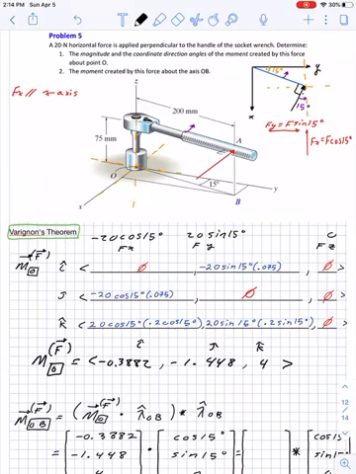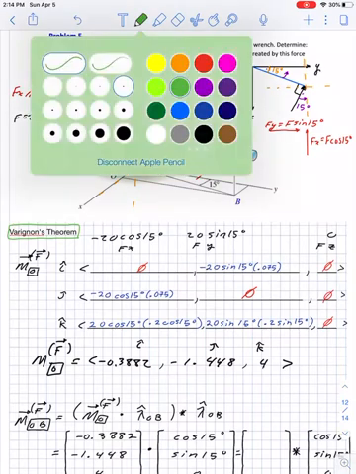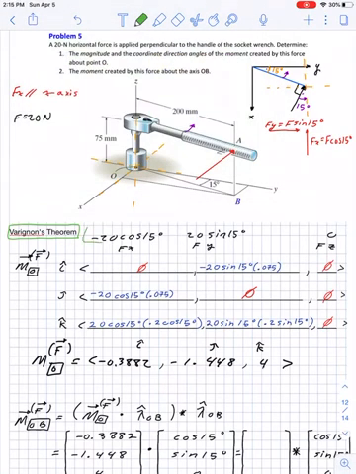So we know that F is 20 newtons, and so we get our values right here of f of x and our f of y.